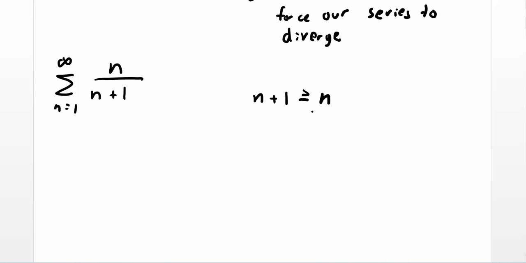I think we can all agree upon that. And then I like to build an inequality in the opposite direction. So n plus 1, well, that's certainly less than or equal to n plus n for large enough n, and that's of course equal to just 2n. So this gives me two inequalities.